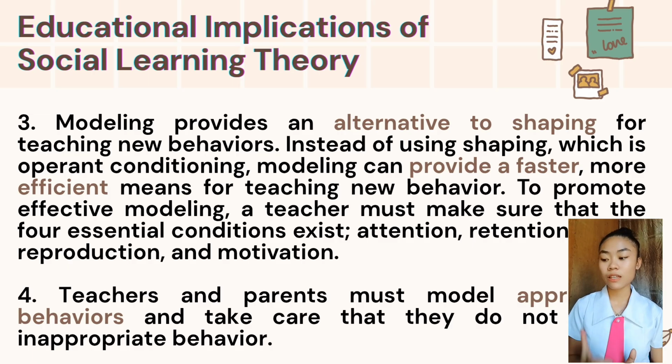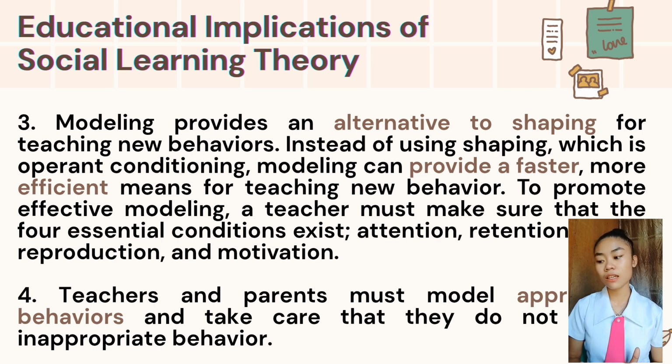And third is the motor reproduction. So students must be able to perform or imitate what they observe. So this is the children doing the activity or the assessment that the teacher gives them.